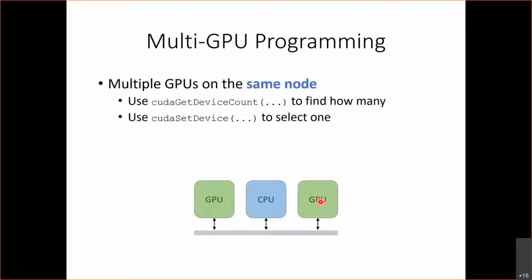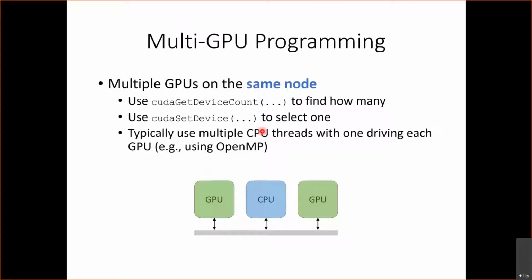Now, typically, when we use multiple GPUs with a single CPU, we also use multiple CPU threads, with each CPU thread being responsible for operating one of the GPUs, or calling kernels or copies or whatever for one of the GPUs. For multi-threading, we usually use something like OpenMP, or there are other multi-threading libraries that you could also use.